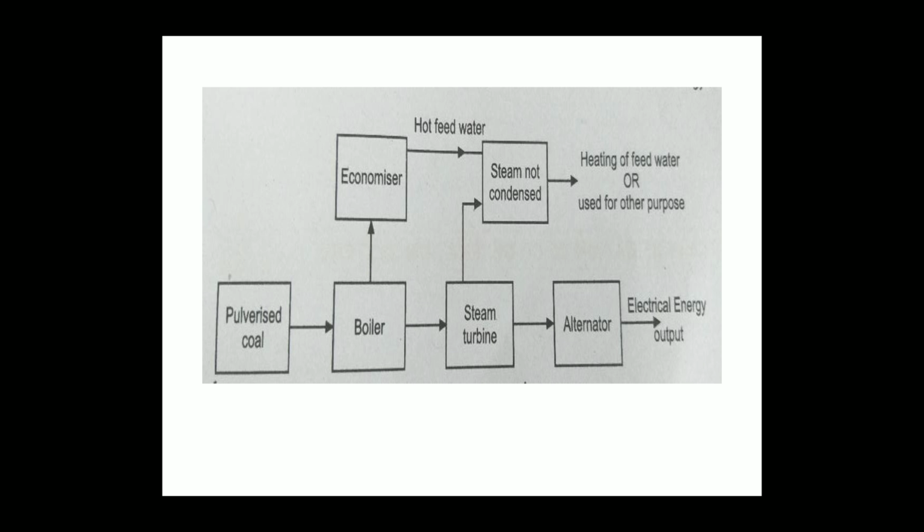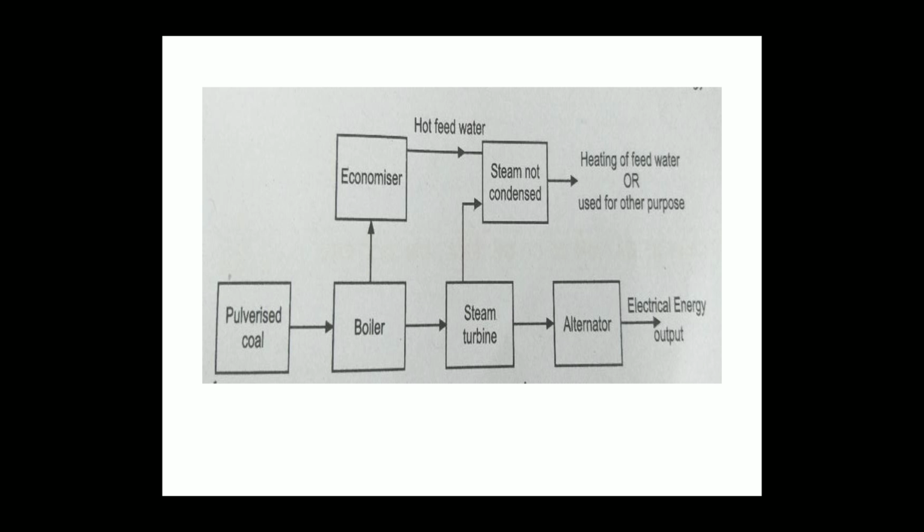But the wastage of heat is going to the economizer. The output of the economizer is going to the condenser, along with another input which is coming from the steam turbine. Then the output of the condenser is connected to an industry, where that industry requires the heat for other purposes.